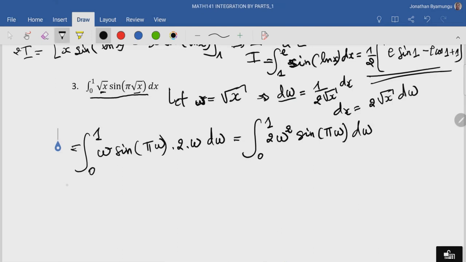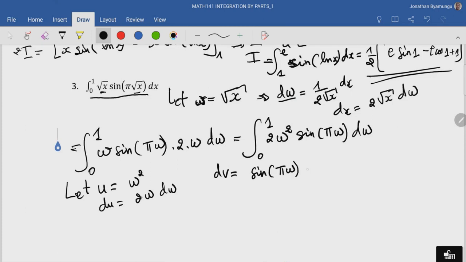And now we can use our integration by parts by letting our u be equal to w squared, which means that our du will be 2w dw, and we let our dv be equal to sine of pi w dw, meaning that our v will be equal to negative 1 over pi cos of pi w.